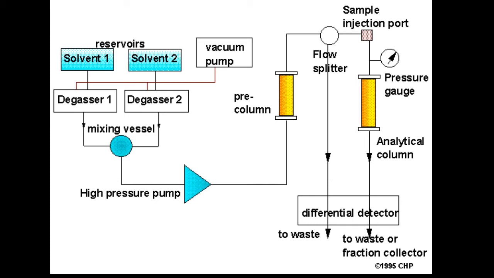If we do not remove the dissolved gases, they will form bubbles, and this gas bubble may create band spreading or band broadening. So it will overall affect the performance of the column. So it is necessary to degas the solvent.